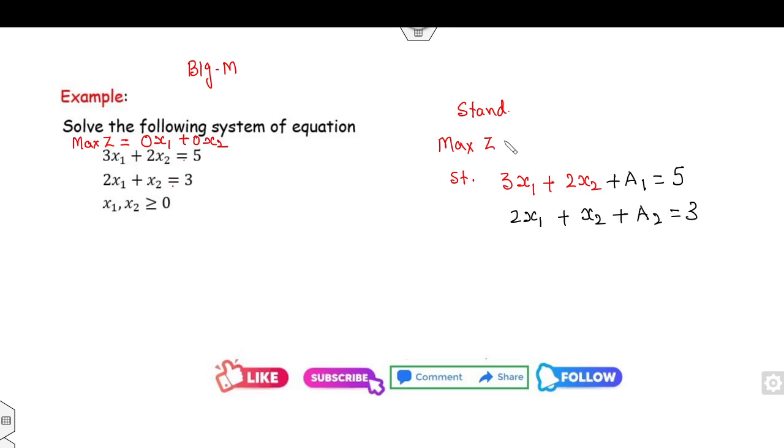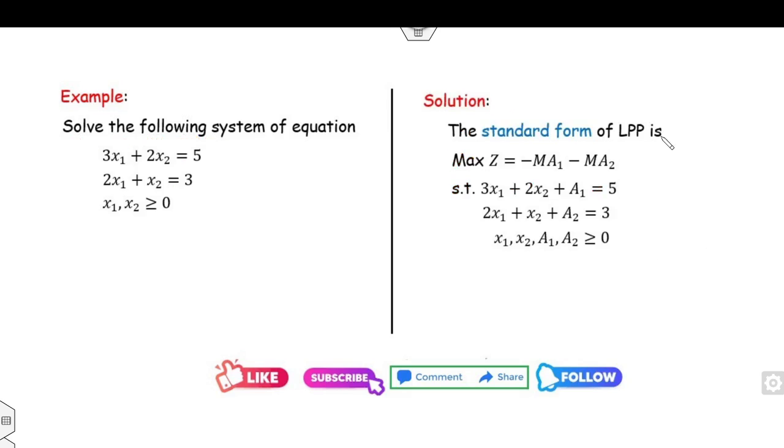Because there are two artificial variables, the objective function is minus Ma1 minus Ma2, and the constraints x1, x2, a1, a2 are all greater than or equal to 0. Fine. So the objective function is maximization of z minus Ma1 minus Ma2.